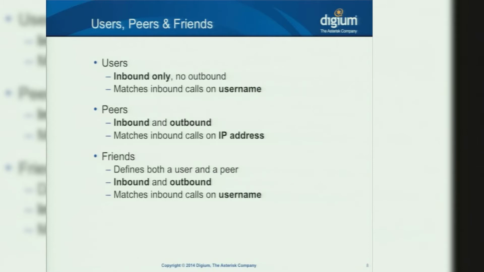When the call comes into Asterisk, if it's a peer, it'll match the IP address in the from header. The from header is just one part of the SIP packet that essentially says this call is coming from jhester@IP address. Okay, so that's what's contained within the from header in a SIP packet.